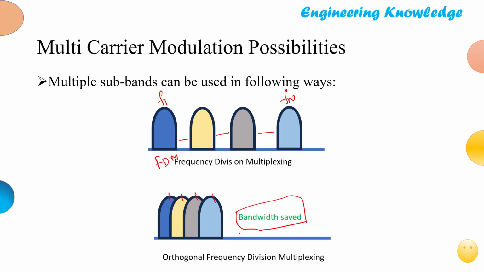These carriers are orthogonal. They overlap, but still they can be sampled at particular instances, and therefore this system is called orthogonal frequency division multiplexing. Orthogonal frequency division multiplexing is a type of multi-carrier modulation.